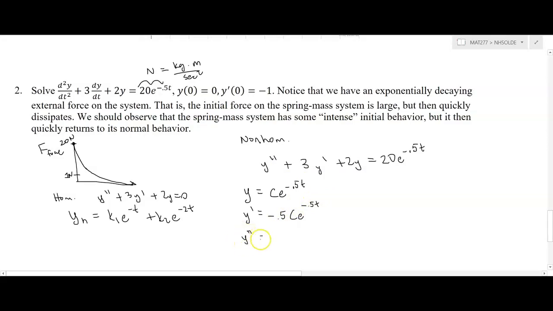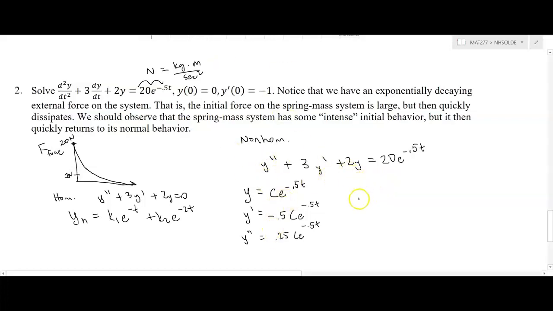And the second derivative will be positive 0.25 c e to the negative 0.5t. If I had left it as negative t, these three would have added up to 0, and we would have had to update our guess. I don't want to get into that right now because it's a detail better left for another time.